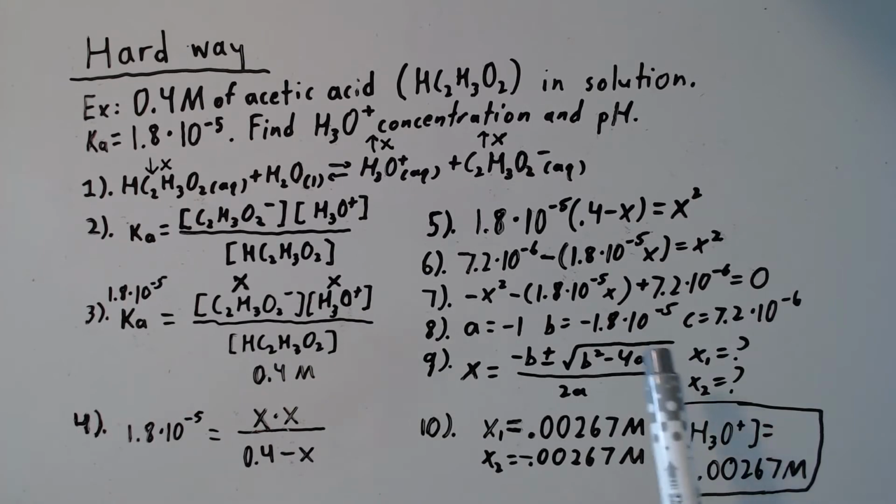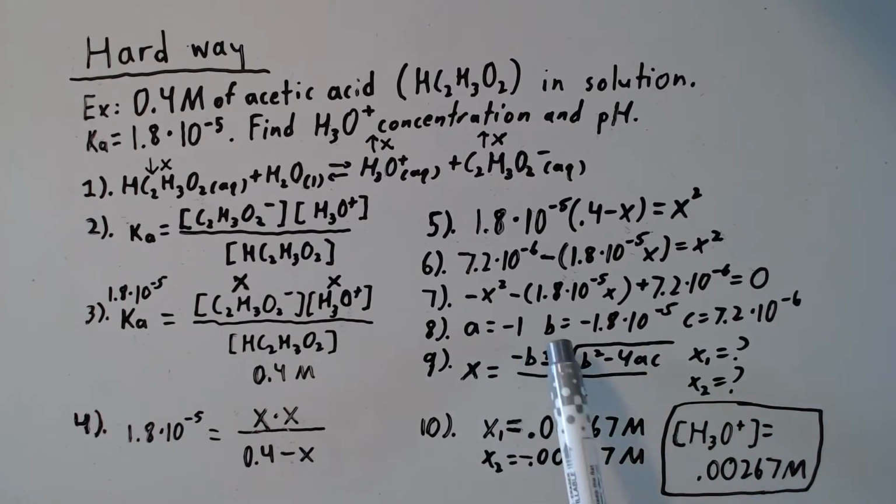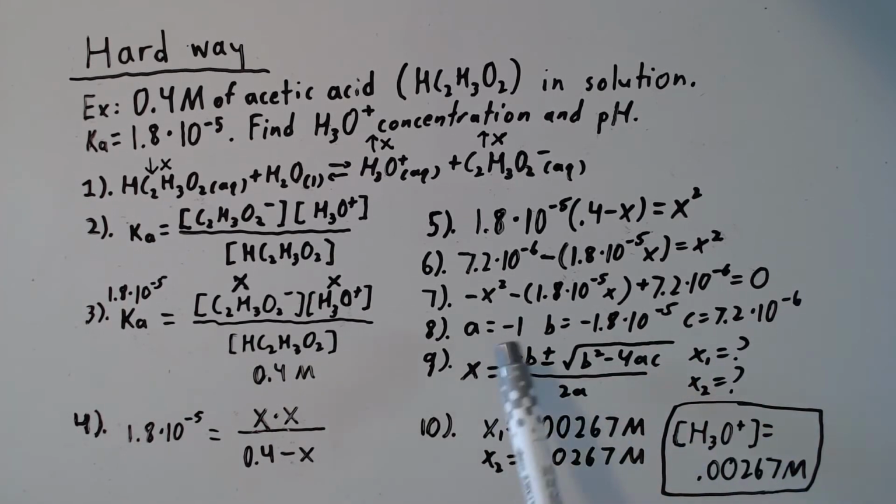And now based on this, we can plug these a, b, and c, the numbers that correspond to them, into our quadratic equation right here, which you might have probably learned in high school, although you might have forgotten by now. And we know that negative b can go right here, plus or minus the square root, and a and c, and 2a on the bottom.